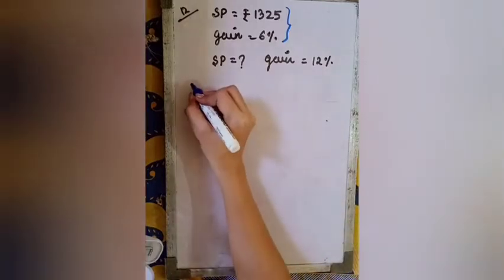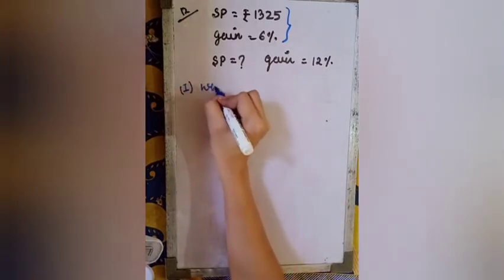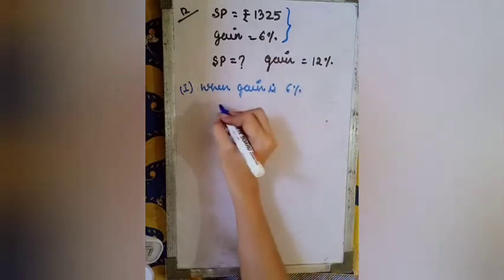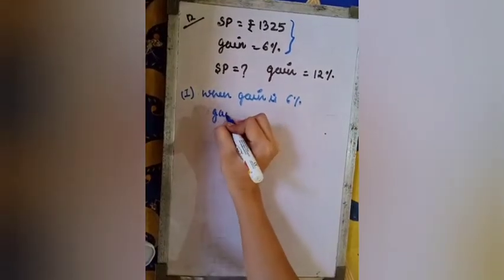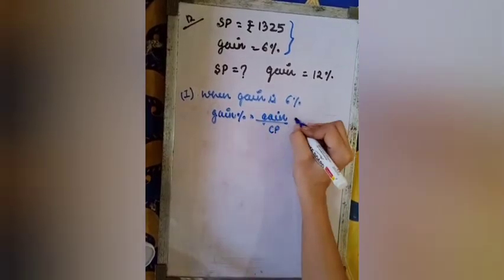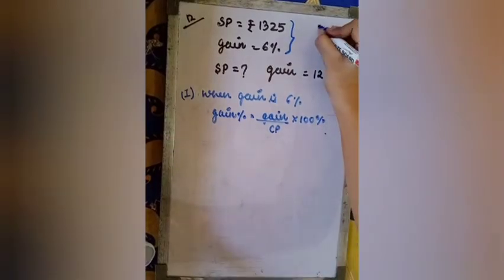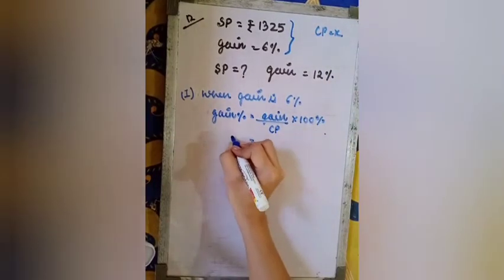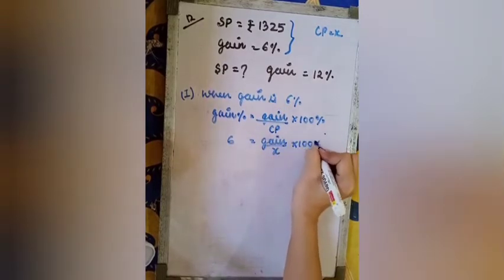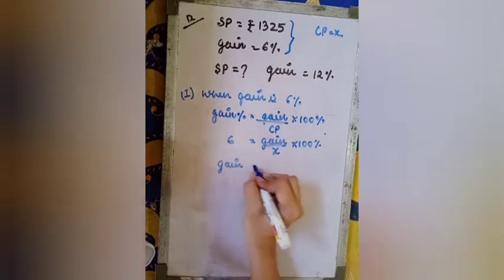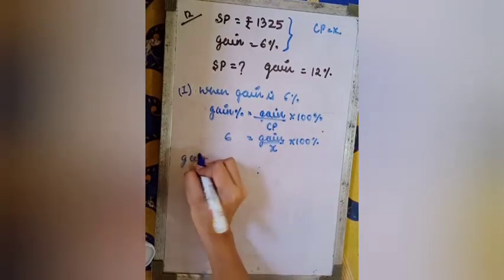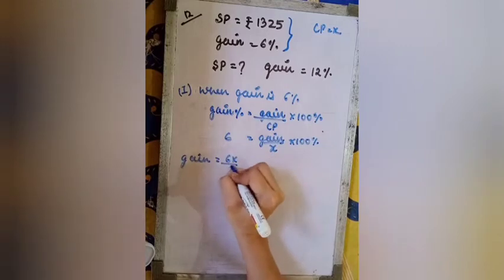So in the first case, when gain is 6%, see, the formula for gain percent is gain upon CP into 100%. Let the CP be x. The gain percent is given as 6. From here we can find the gain. Gain is 6x upon 100.